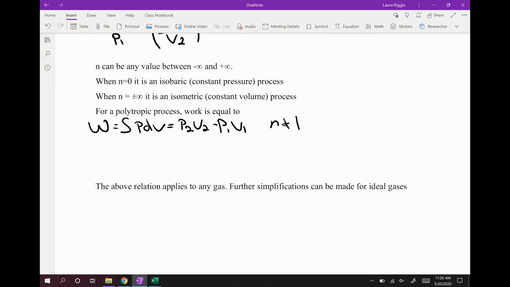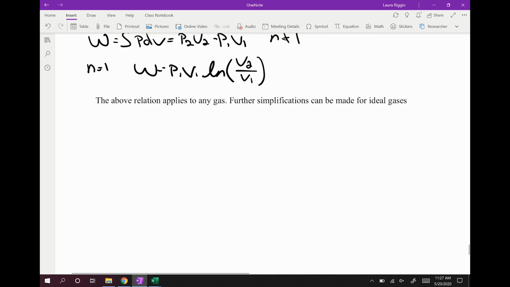Again, n cannot equal 1. If n equals 1, our work is equal to P1 V1 times the natural log of V2 over V1. So our above relationship applies for any gas, but we can make further simplifications for ideal gases.